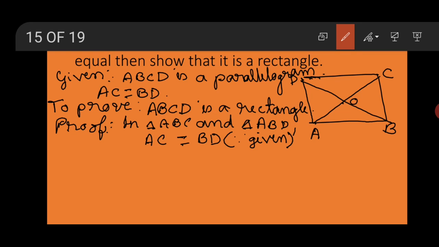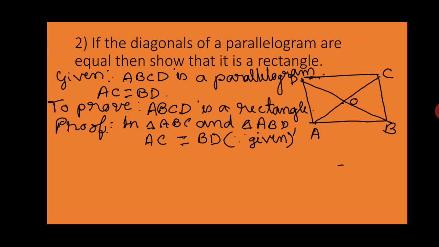Then what do you know? Yes, since ABCD is a parallelogram, we know that AB is equal to CD. Do you agree? Why? In a parallelogram, opposite sides are equal. Therefore, these two sides are equal.